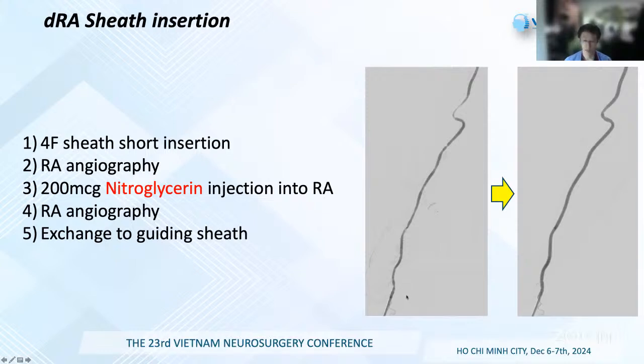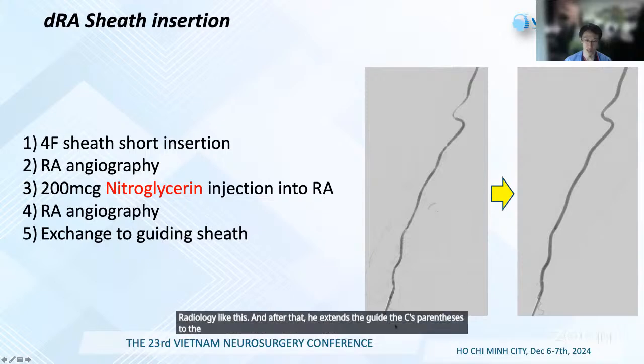Then we inject 200 micrograms of nitroglycerin, and sometimes it dilates the radial artery like this. After that we exchange the 4 French sheath to the guiding sheath.